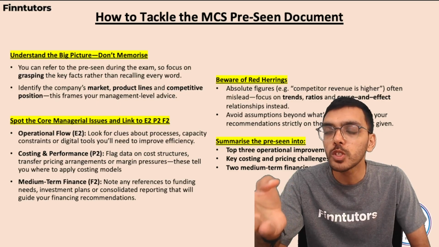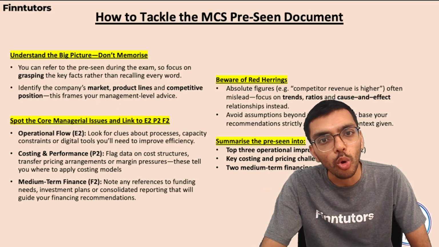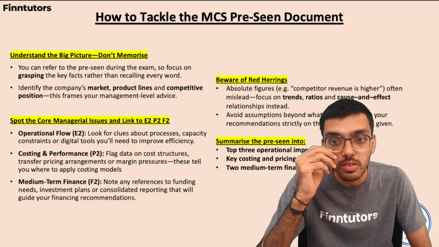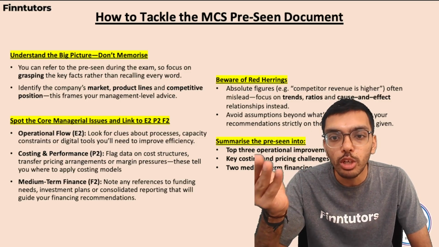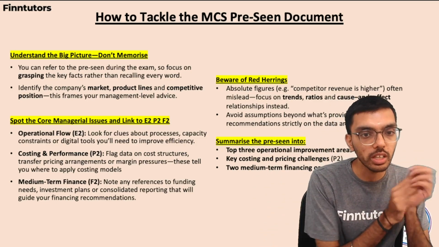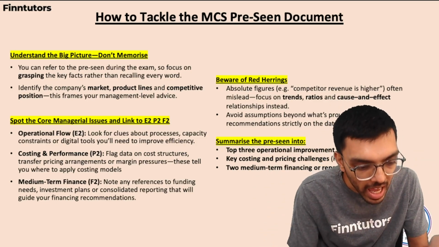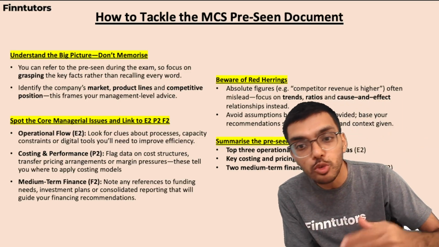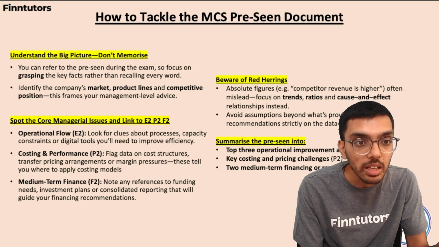But if you have to spend time reading it and going through it in the exam, why have they given it to you 1 month in advance? Why is it given to you in advance? So that you can use it, so that you can have knowledge from it, so that when the time comes you can straight away apply without thinking.